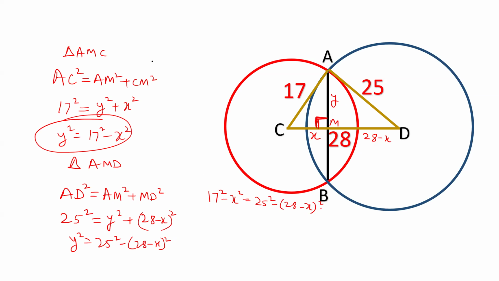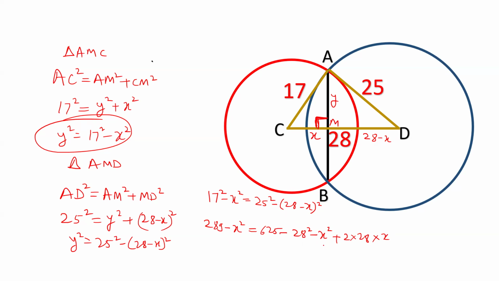Now applying (a minus b) whole square, we'll get 17 square is 289, minus x square. 25 square is 625. Now (a minus b) whole square is a square minus 2ab plus b square, but there is a minus sign outside, so this will be minus 784 plus 2 into 28 into x.